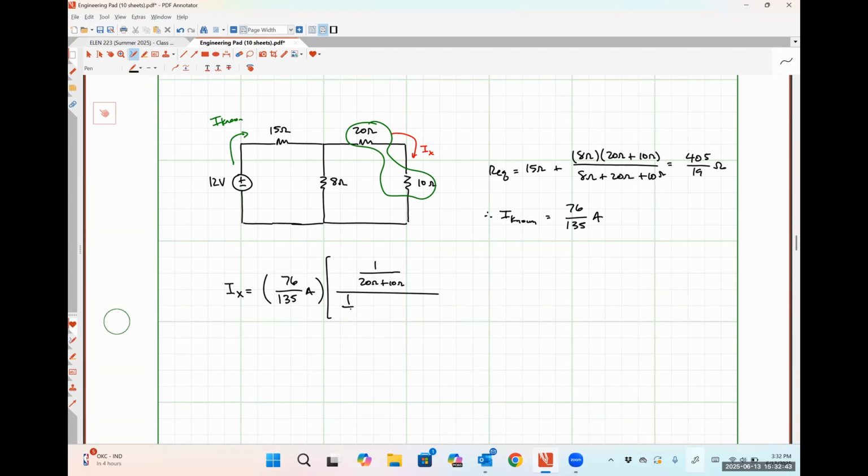So I'm going to divide that by 1 over 8 ohms plus 1 over 20 ohms plus 10 ohms, like so. And I'm going to throw this into my calculator real quick. So answer times 1 over 30, and then 1 over 8 plus 1 over 30. And I wind up getting a current that is 16 over 135 amps.